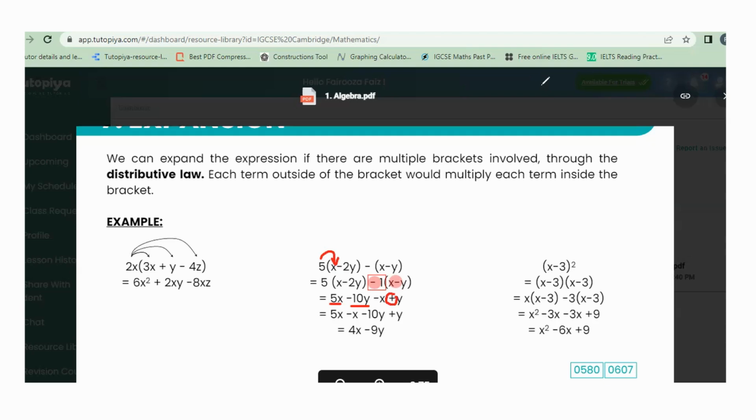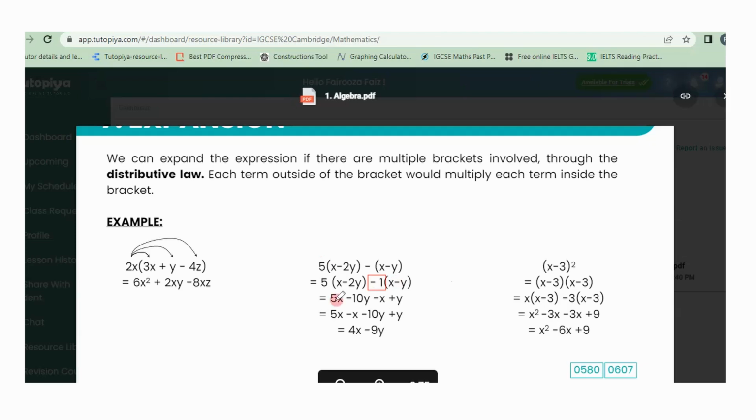And then what's the next step? Using the BIDMAS rule, we expanded the brackets first. And what next? What do we do next? Any idea? I have an answer here: combine like terms. Yes, we are going to combine like terms.